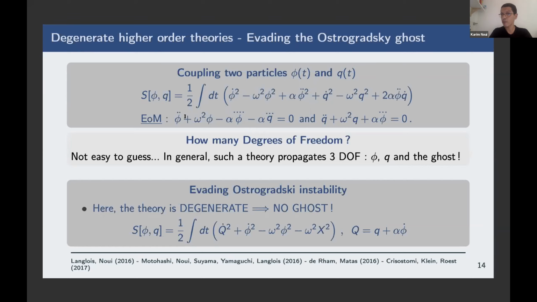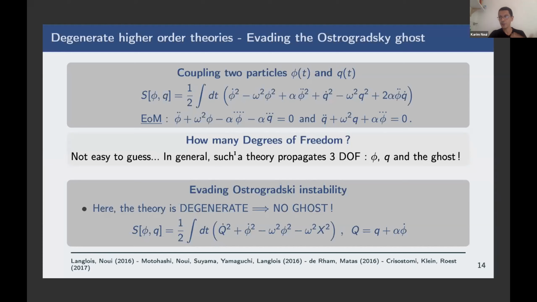If you look now at the equation of motion, you see that the equation of motion for phi contains the fourth derivative of phi, the third derivative of q, and the equation of motion for q has the third derivative of phi. So if I ask you how many degrees of freedom are propagating in this theory, it's not easy to guess, because it's not clear how many initial conditions you will need to integrate these equations.